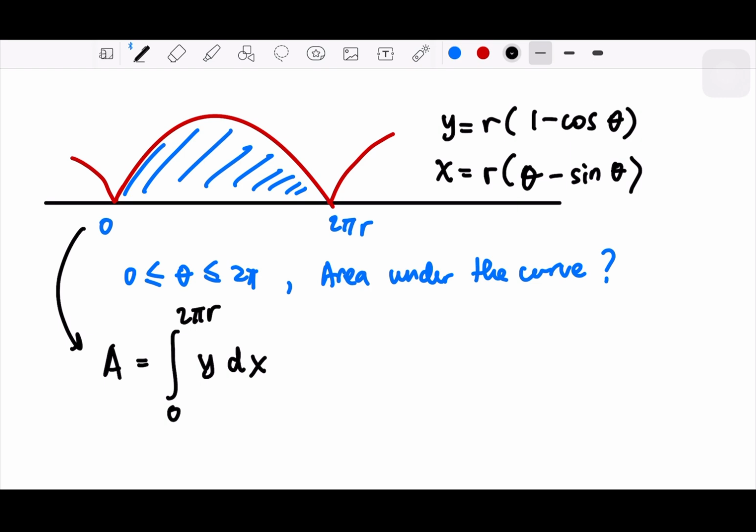Okay, now to deal with this, we can take y and dx based on our parametric. Okay. So we can use our y here. But remember, this y is a function of the parametric. Okay.